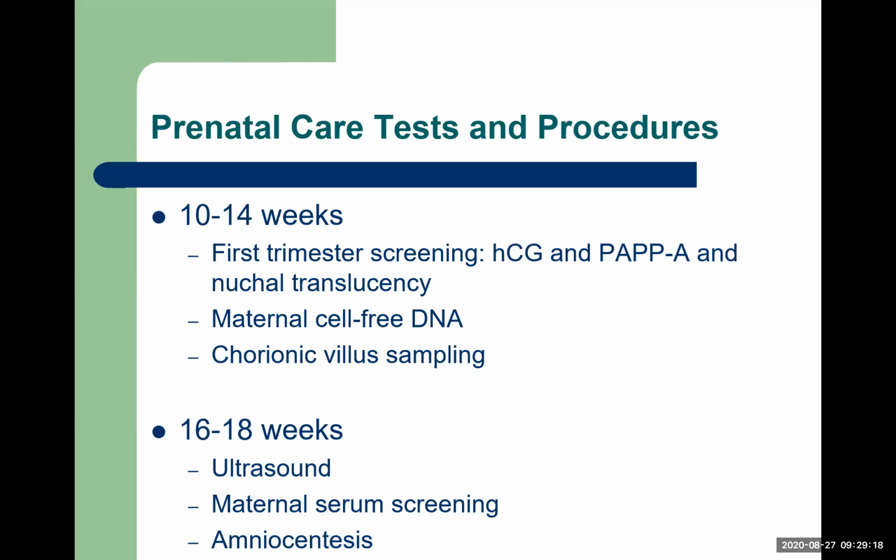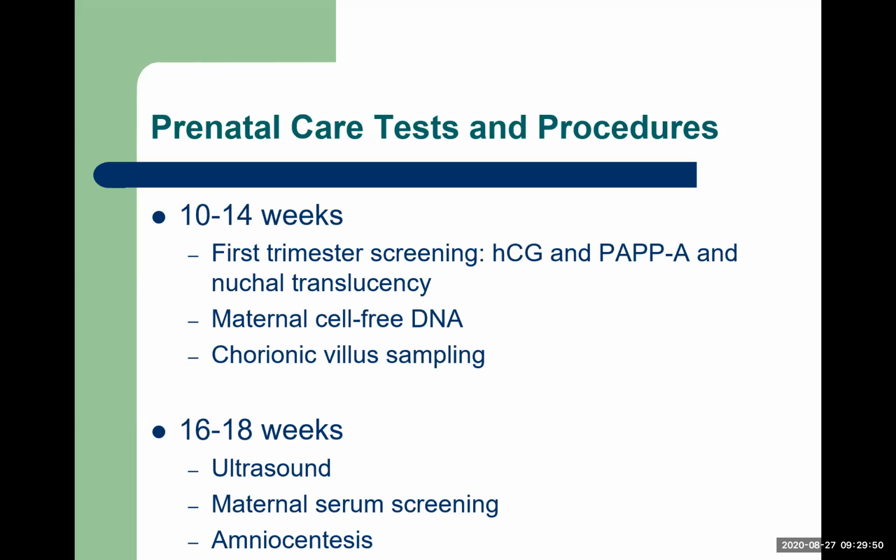We call it AFP1, but it doesn't include AFP. It's actually HCG and PAPP-A. And the nuchal translucency is the measurement of the skin of the neck of the fetus during a detailed first trimester ultrasound. There's also the option of doing maternal cell-free DNA.